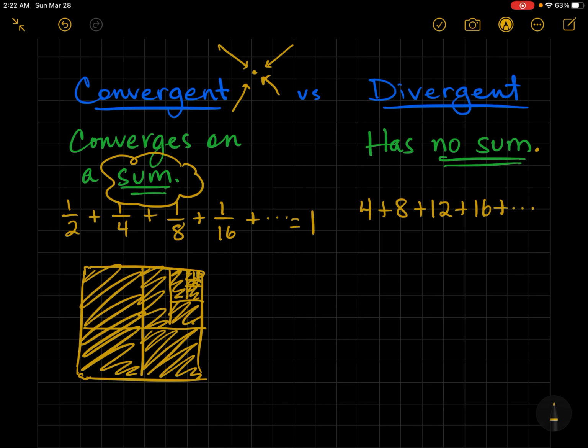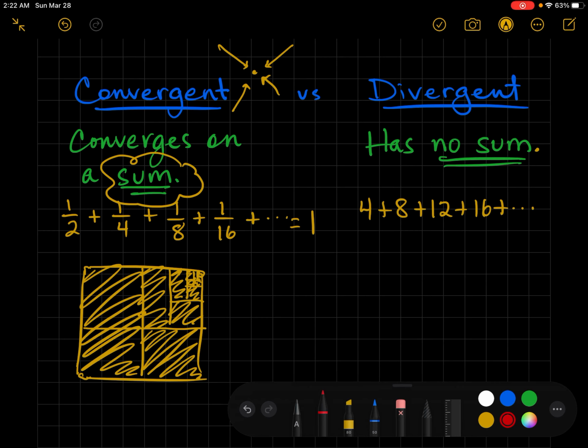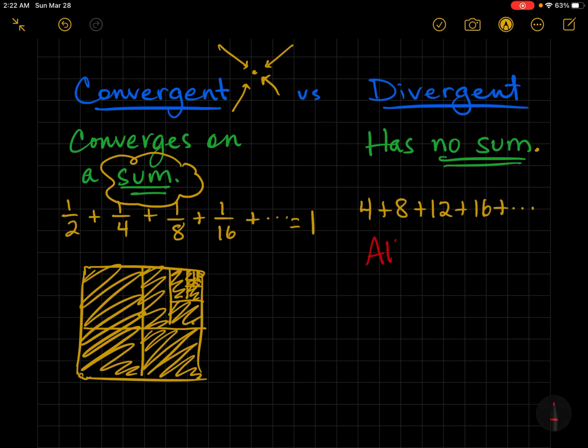I'm going to teach you how to do this without drawing boxes and shading. We're going to have a formula. But here's something that's critical. I want you to realize that all arithmetic series are divergent.